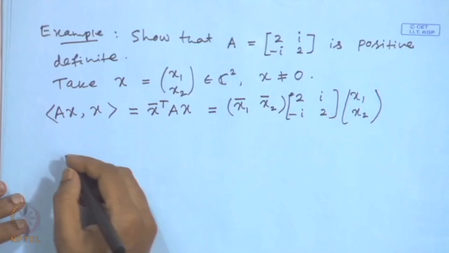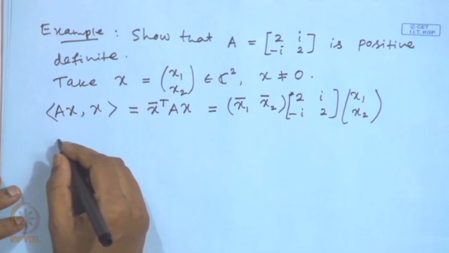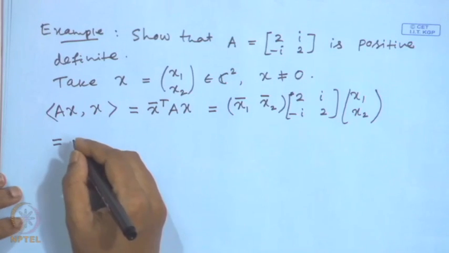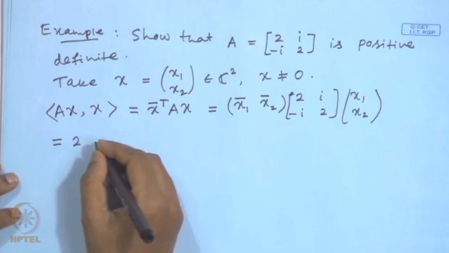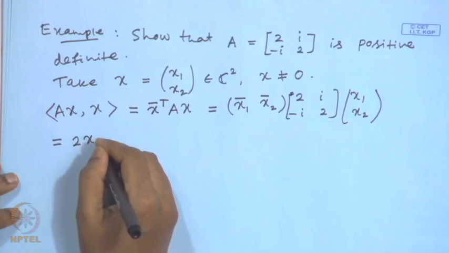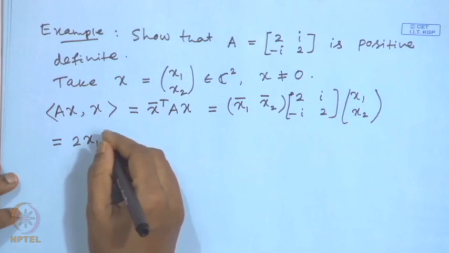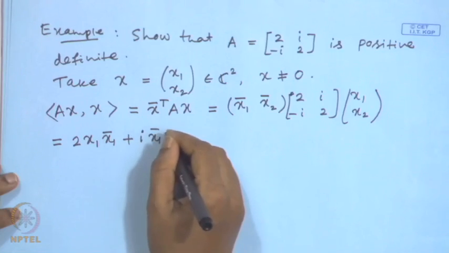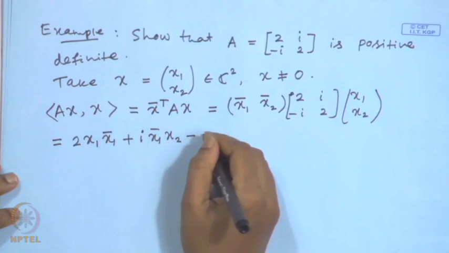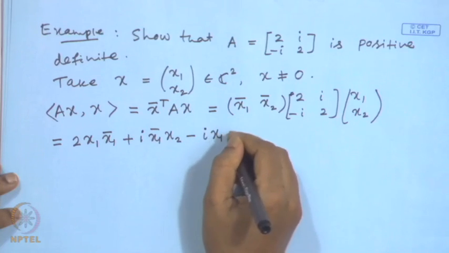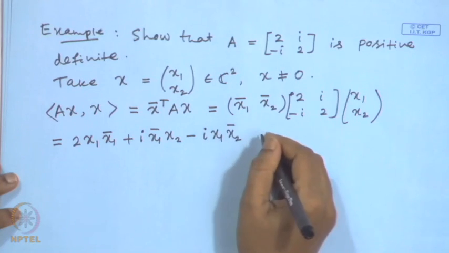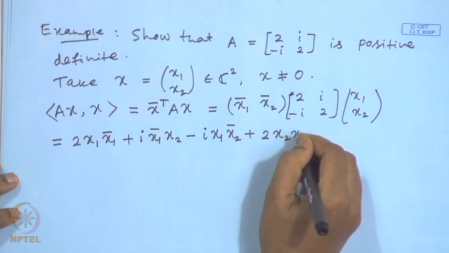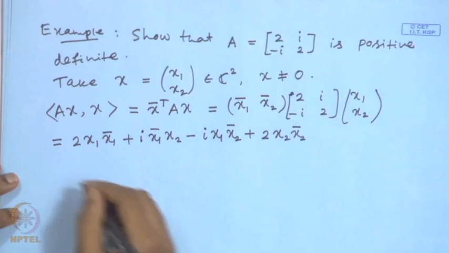Multiplying these matrices, we get 2 times x1 bar x1 plus i times x1 bar x2 minus i times x1 x2 bar plus twice x2 bar x2.